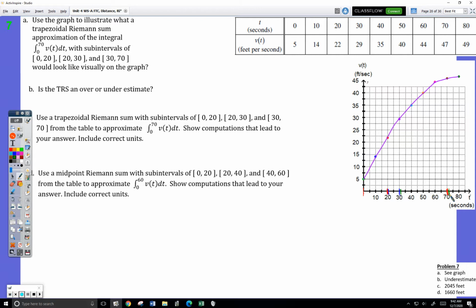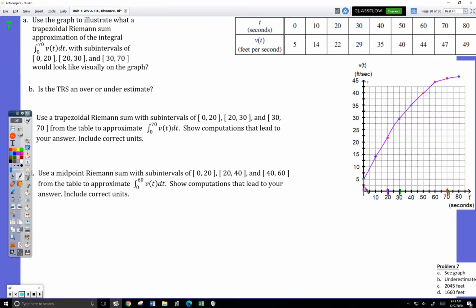So far all I've done is follow the subintervals that they mention. It's called a trapezoidal Riemann sum because when you try to depict visually what the Riemann sum looks like, you end up with trapezoids instead of rectangles. The way you draw the trapezoid is you look at the subinterval. So we're going to go to the first subinterval. I pick the velocity that is most left in the subinterval.